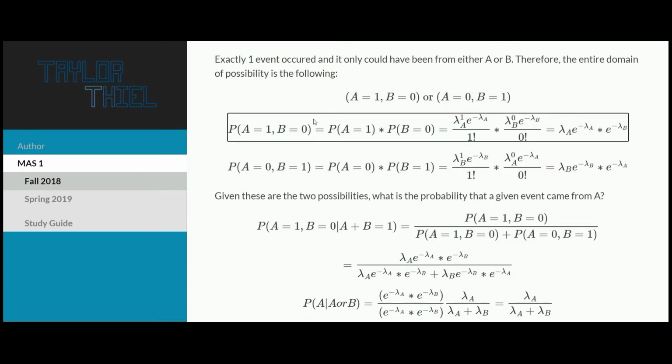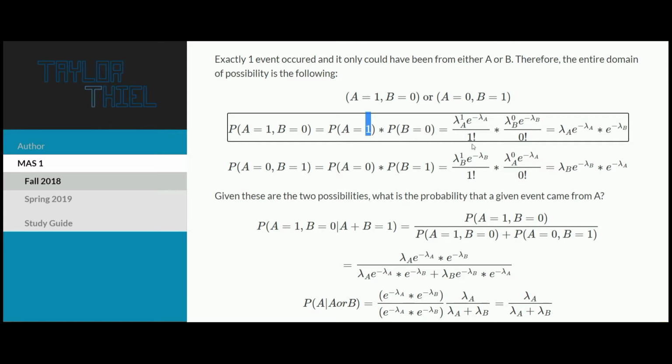First off, know that they're independent, so we can take this AND statement specified by the comma and just break it up into the 2 components. And then we also know what the PMF of a Poisson distribution is. So now we're just filling that out. For example, the probability A equals 1 is just lambda A to the power of 1 times e to the negative lambda A, all divided by 1 factorial, since that's the number of claims we're interested in.